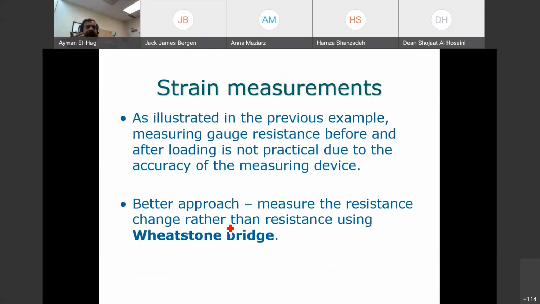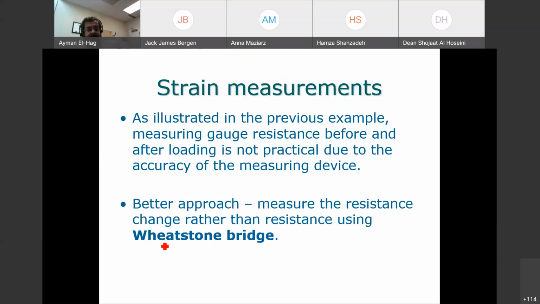Will I use an ohm meter to measure the resistance and wait for the measurement? Remember, we said we want continuous monitoring. Also, 0.12 ohm is very little. What if the force is much less than that? The change would become very, very small. So it is not practical to measure the resistance directly.